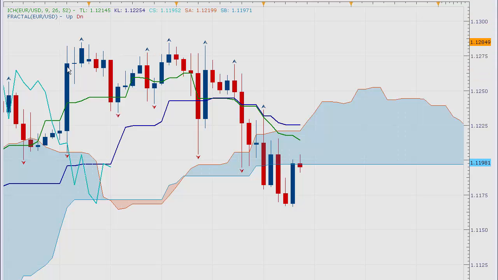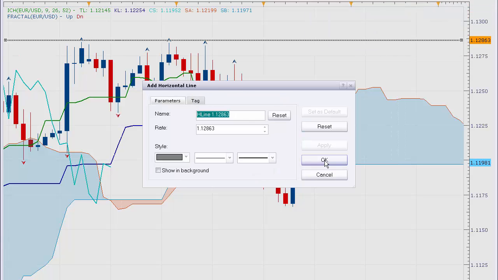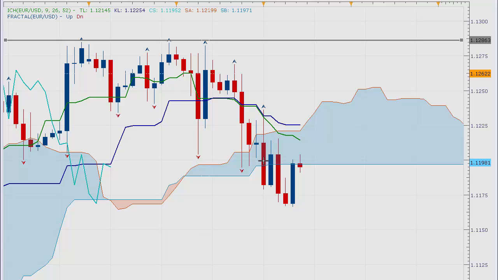You can see price reached a high here, so I'll put a line on, and then it started to come down, and we had a pullback here with this big blue bullish candle, and we're now bouncing off the Kumo bottom.